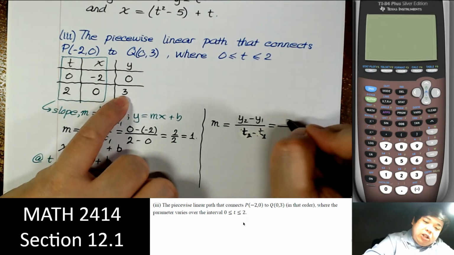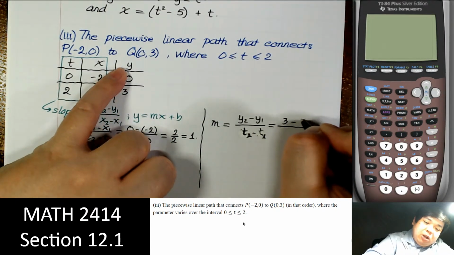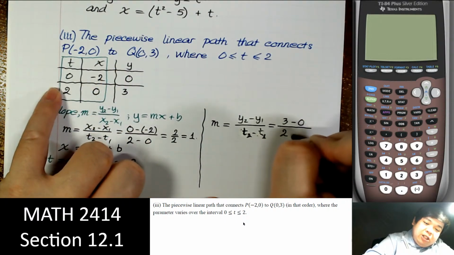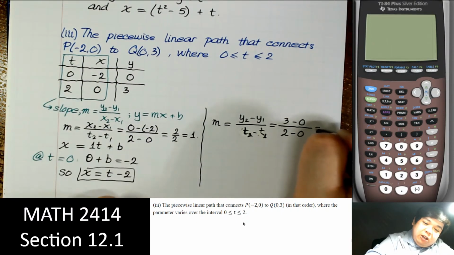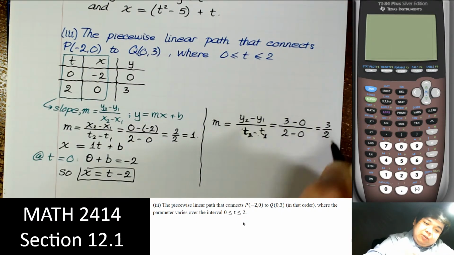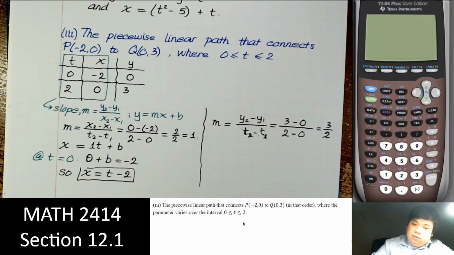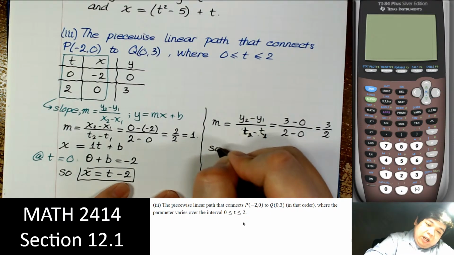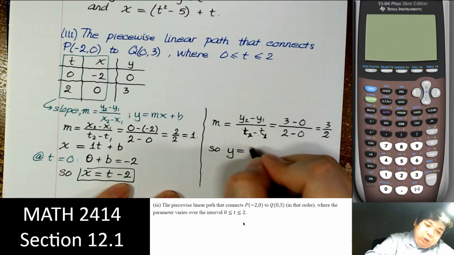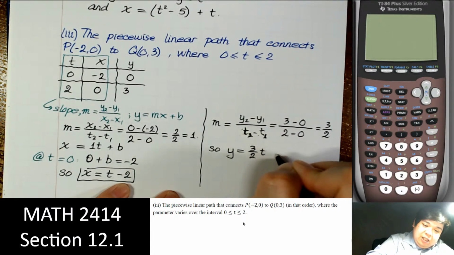Right, y2 minus y1 over t2 minus t1. So y is equal to 3/2 t plus b.